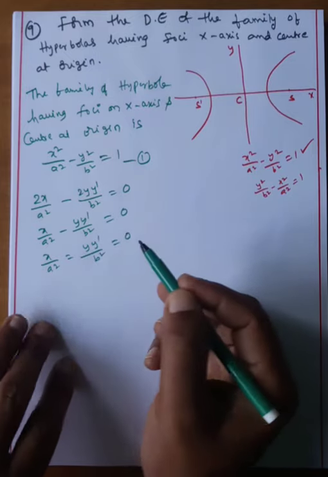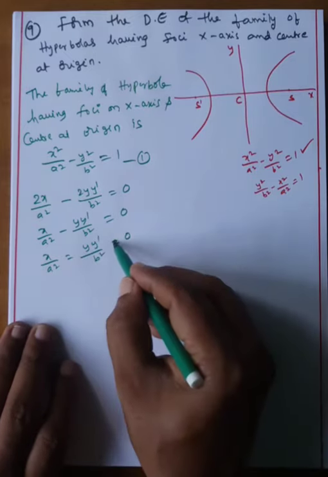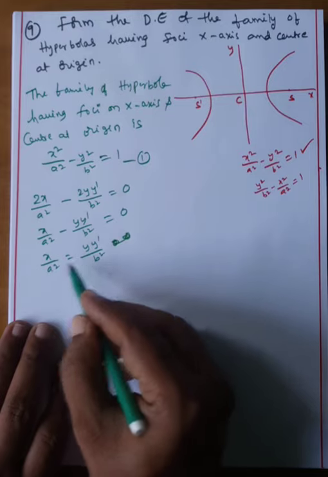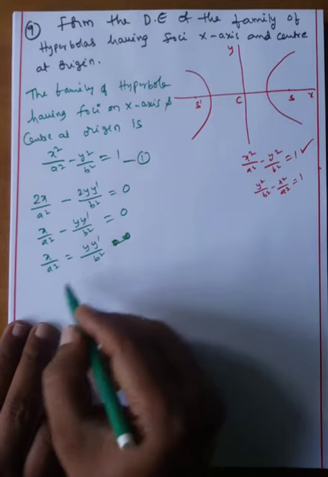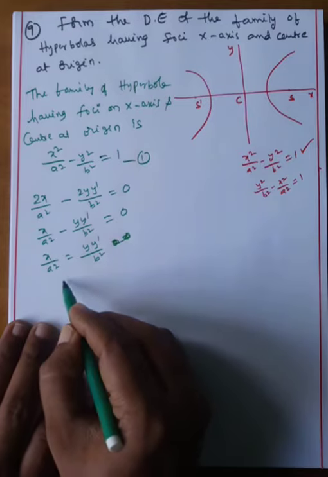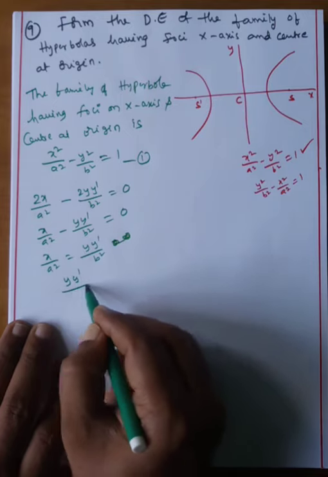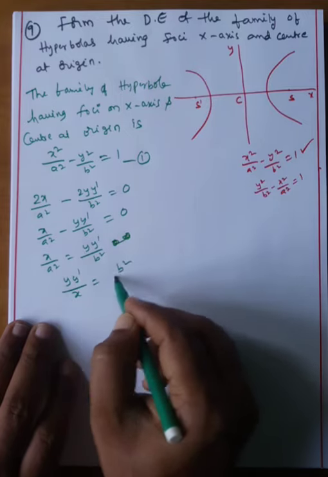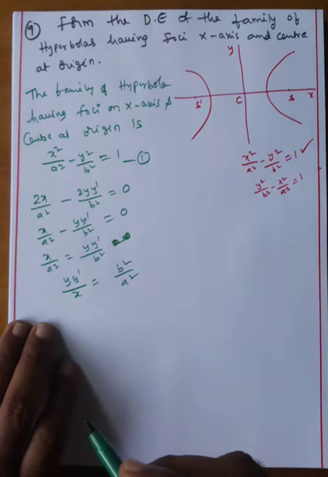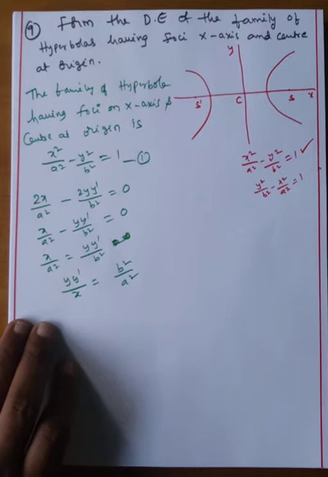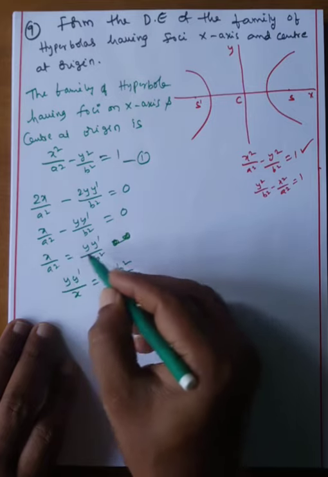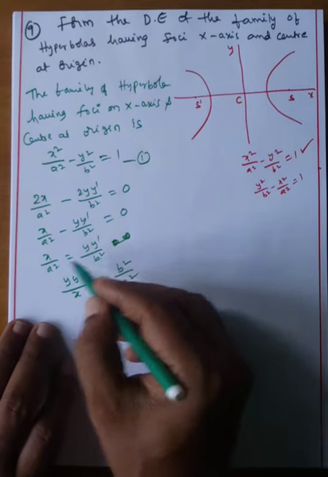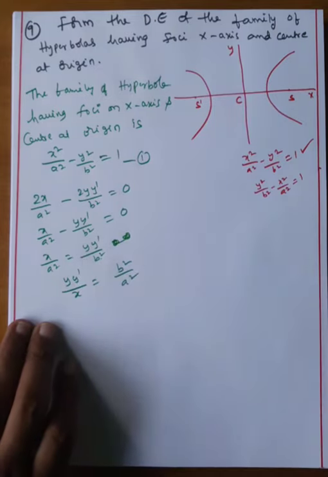Okay, so y dash by x is equal to b square by a square. You have any doubt? Y dash by x, here x is on this side, b square by a square. No problem at all.